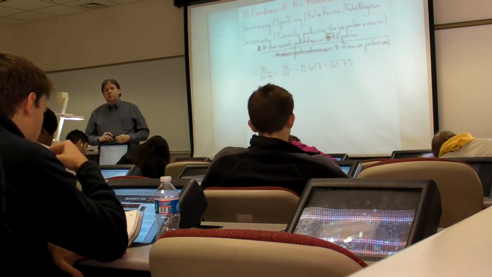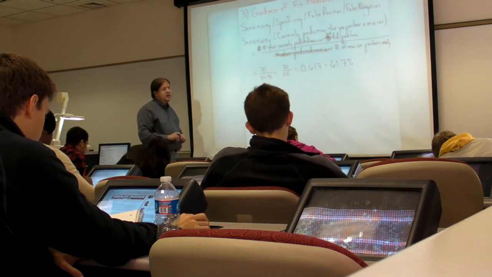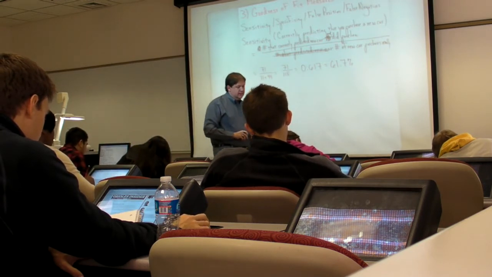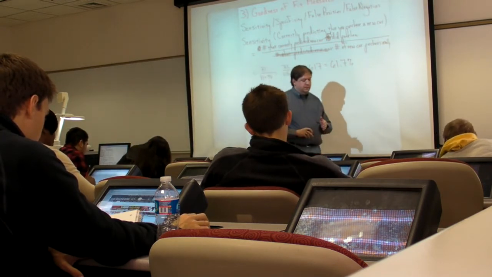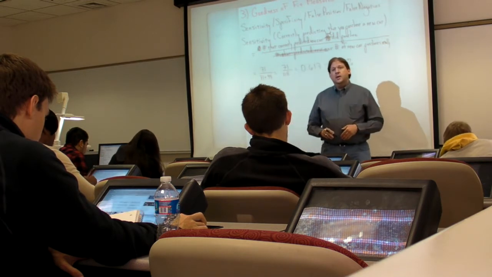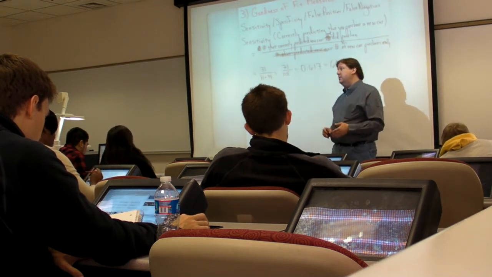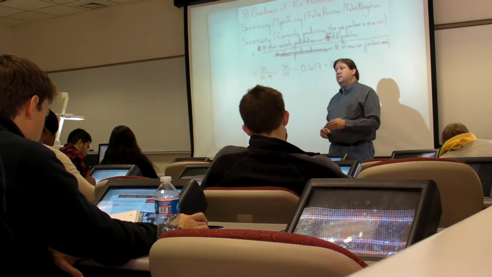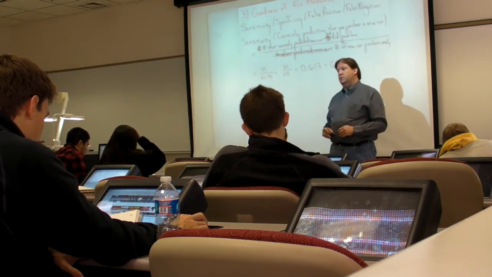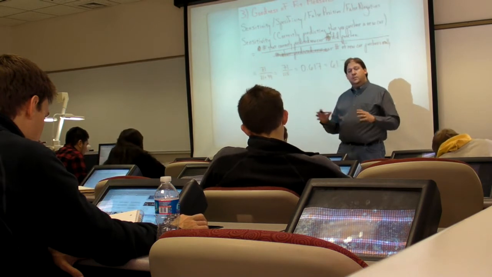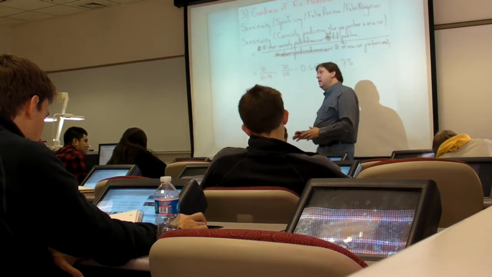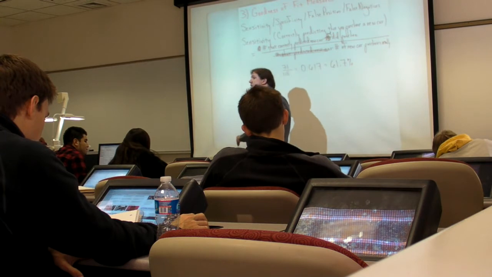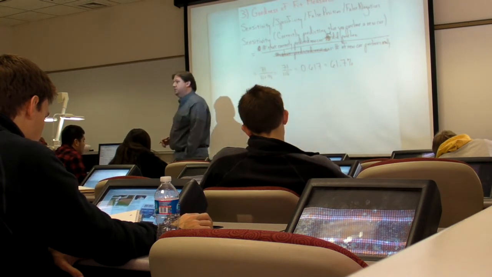Or in this case, we have 61.7%. What this means is that when I am trying to predict that a person purchases a new car, 61.7% of the time, I will correctly predict that person will purchase a new car. So out of those people that have purchased a new car, I will correctly predict 61.7% of those people.